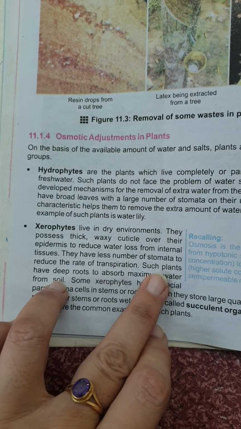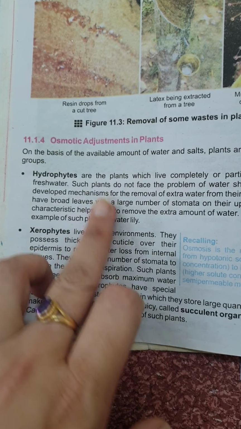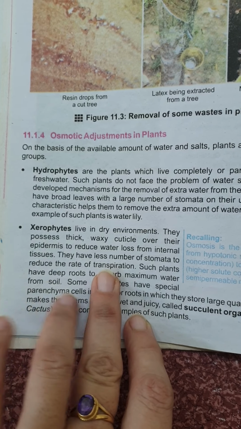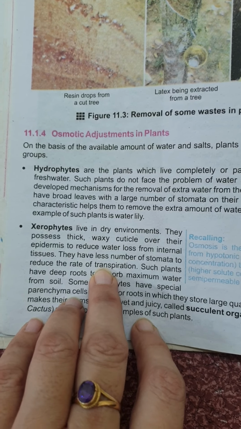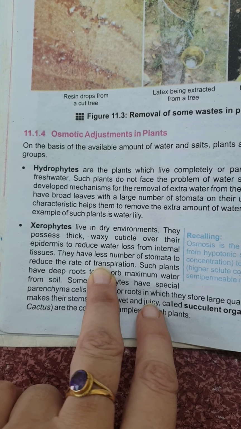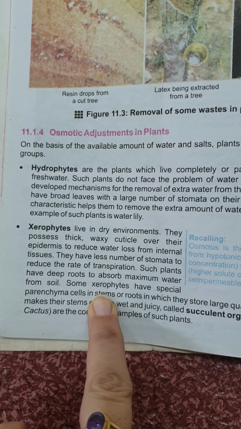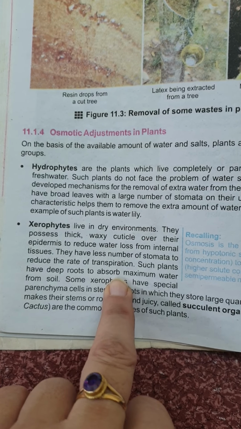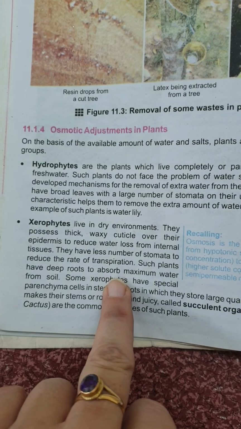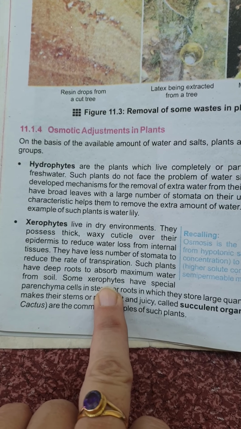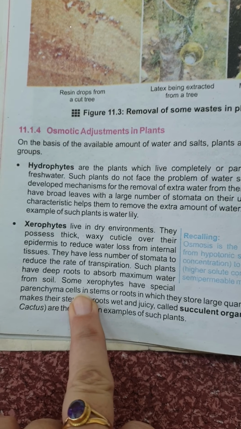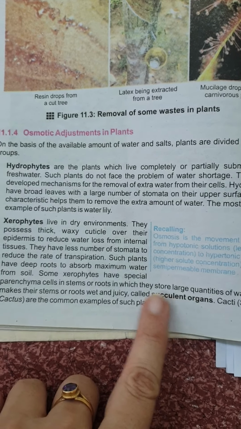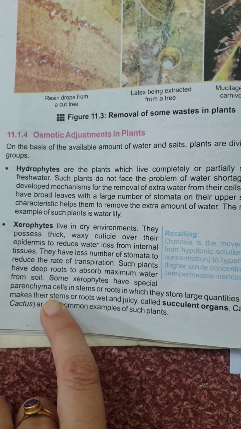Number one, less number of stomata. As compared to the hydrophytes, they have fewer stomata. Fewer stomata mean less evaporation of water, less loss of water, a low rate of transpiration. So their internal environment has abundant water for their function. Number two, they have deep roots. When they have deep and large roots, they will absorb maximum water. Number three, they have parenchyma cells in their roots and they can store a large amount of water for the future.